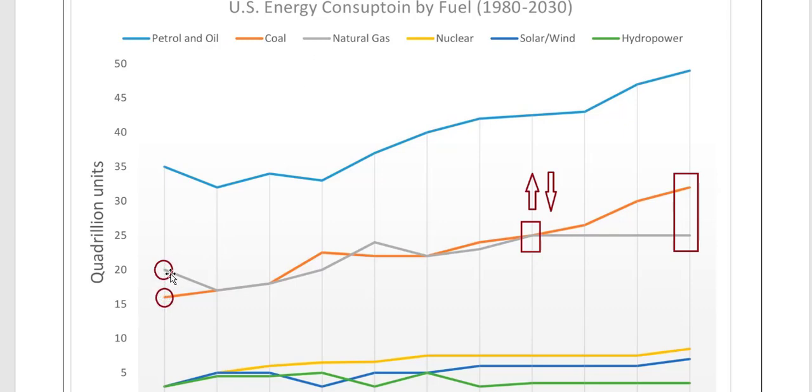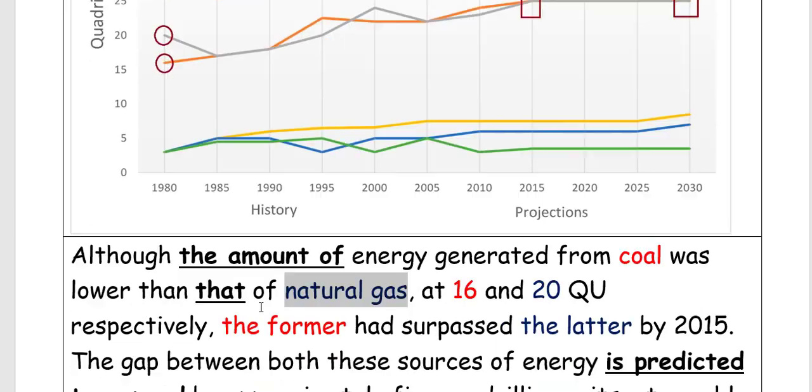So if you look at this carefully, we're trying to compare it. We say that the amount of energy generated from coal was lower than that of natural gas at 16 and 20 quadrillion units respectively. The former in this case means the first source of energy, had surpassed means had become significantly higher, the latter in this case means natural gas, by 2015.